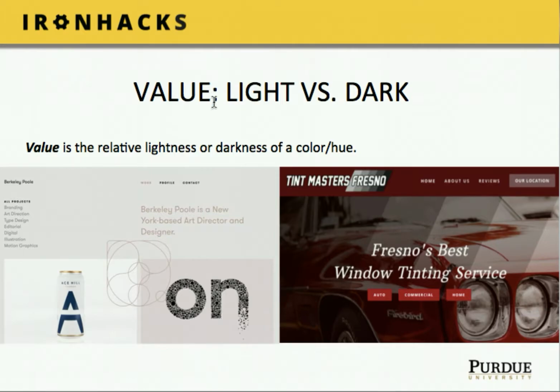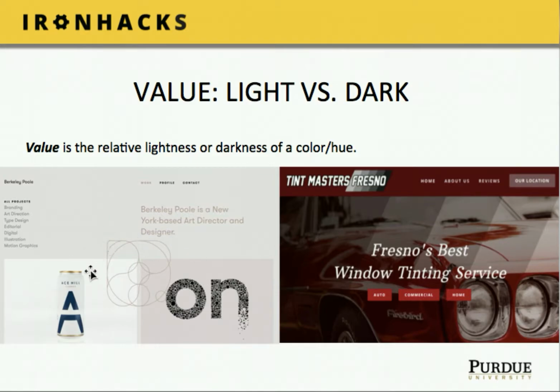Now, the value, either relative lightness or darkness, is not the same as saturation, as explained earlier. There is an array of different values for every hue, and they are achieved by adding white, gray, or black to the colors.